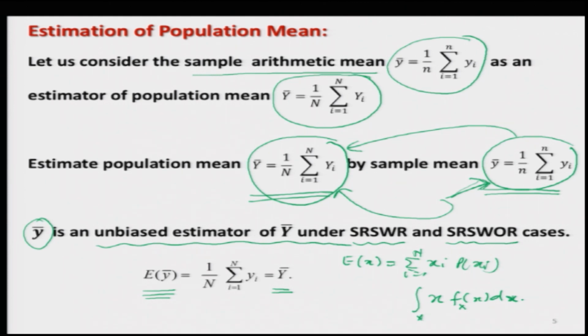So, essentially the expected value of a function indicates the arithmetic mean. Why? Because in this case we have different samples and the probability of drawing any of the samples is the same.